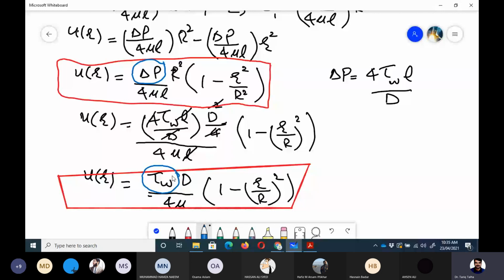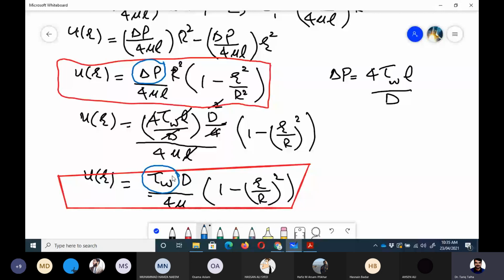But velocity profile, because it is a function of radius, is not going to give us much information. So it is better that we write it in terms of volume flow rate, because that is a single value by which a pipe flow can be described. We can say that in this pipe the flow is happening at 1 meter cube per second.